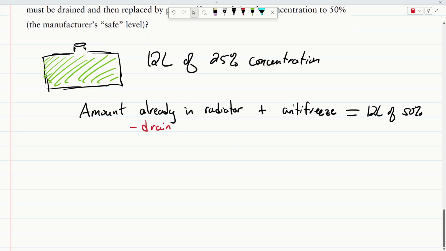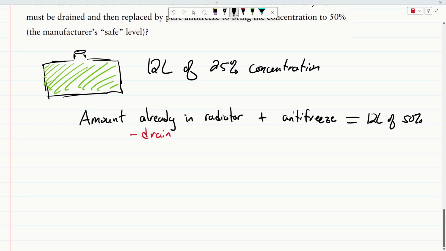We do have an unknown variable. And the unknown variable is, can you guess? How much do we drain? So this problem is basically the same exact one as what we did previously. It just looks different.